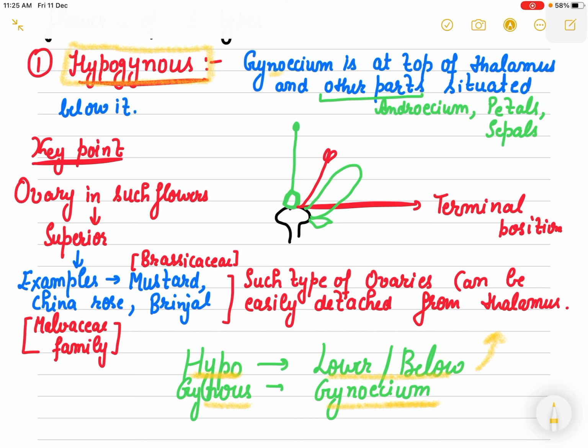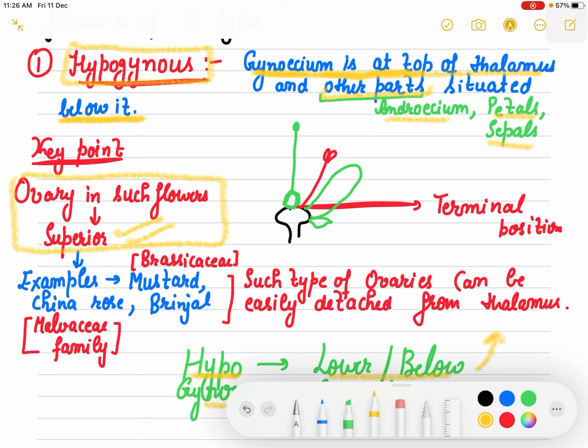So gynoecium is at the top of the thalamus and other parts, means androecium, petals, sepals, they are situated below the ovary. So ovary is at the top, gynoecium is at the top. So this type of flower in which ovary is at the top, this type of ovary is known as superior ovary.